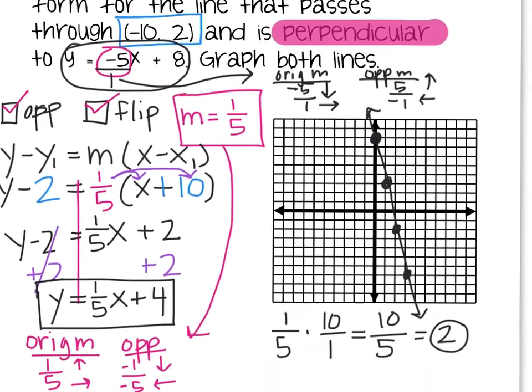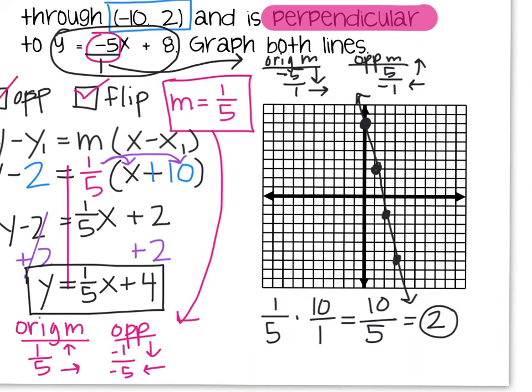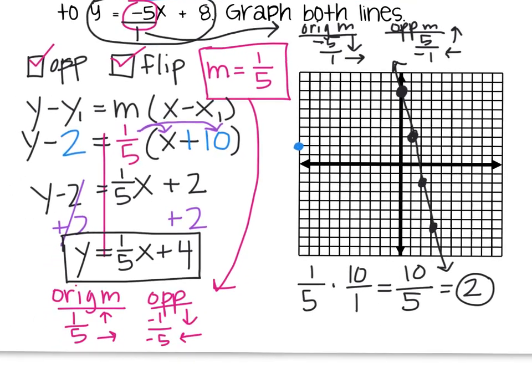So going back to my graph, I'm going to go to my origin and I'm going to count over to negative 10 and up 2 and make a dot right there. If we did our math correctly, our line should look fairly perpendicular. It's hard to be exact. And it should go through that blue dot.